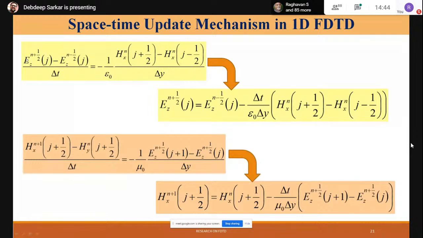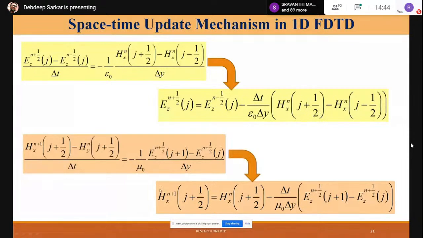So just Ez at n plus half, and the right hand side will bring this term, and delta t we multiply over here. So this factor, delta t divided by epsilon naught into delta y, comes out, and this term is nicely sitting. So we have the Ez field at one time instant evaluated from the information of the Ez field at the previous time instant and the knowledge of the magnetic fields.